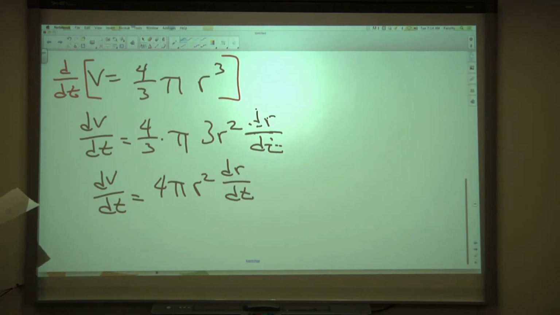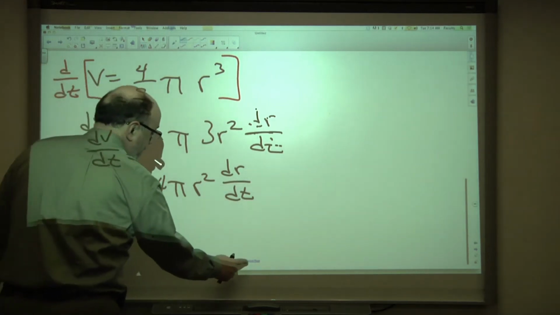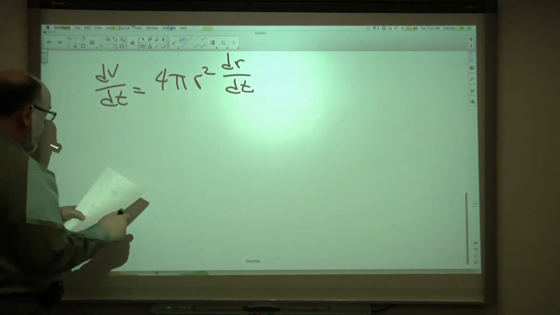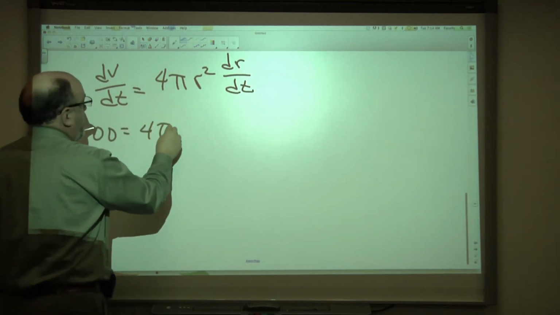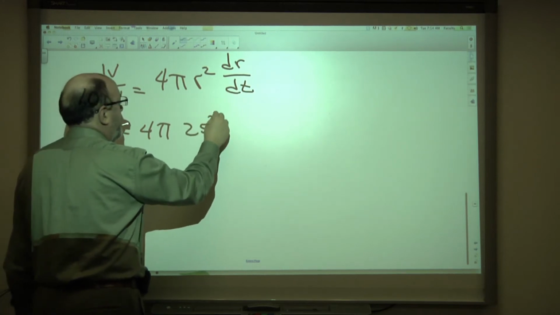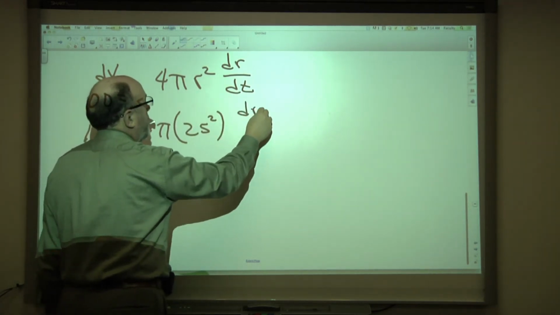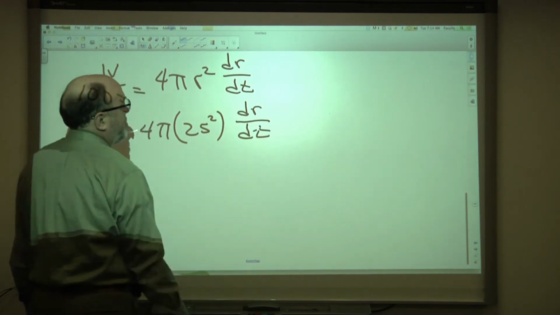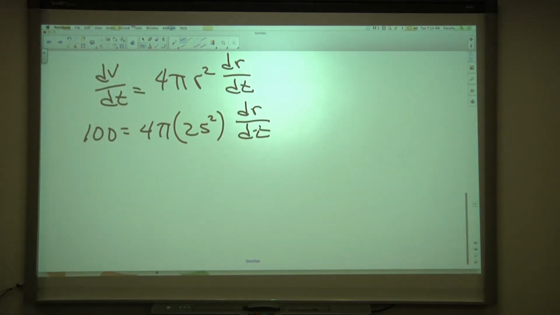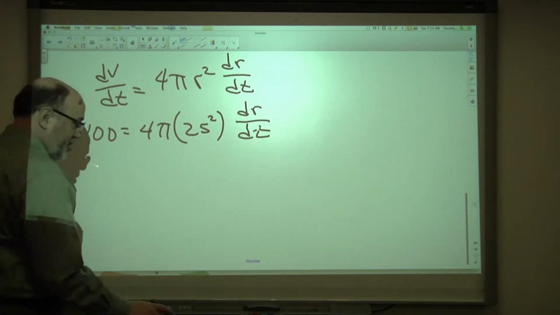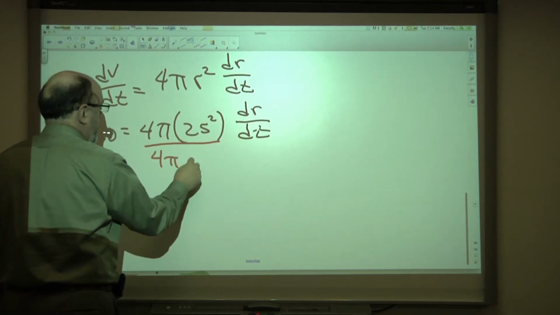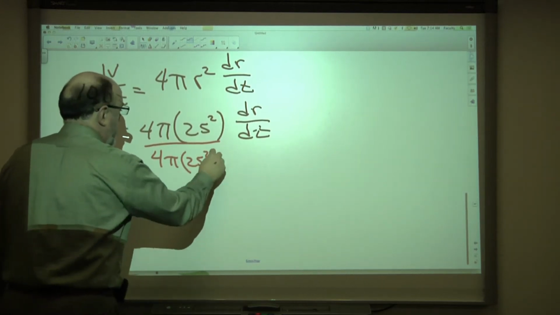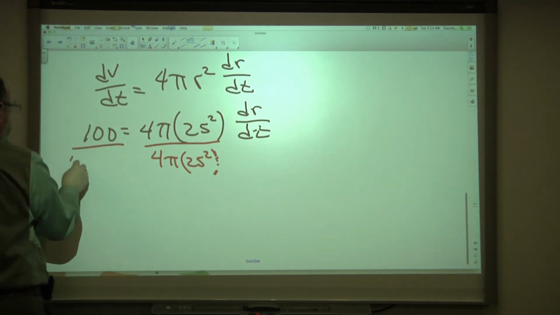Now we can take the numbers we have and start plugging them in. dV/dt they gave us, we know that's 100, is going to equal 4 pi times 25 squared times dr/dt. The opposite of multiplying is to divide, so we'll divide both sides by this.